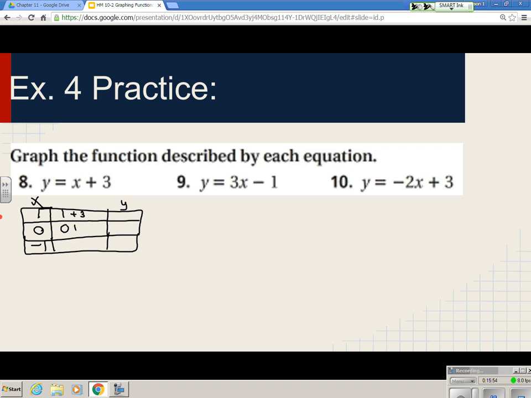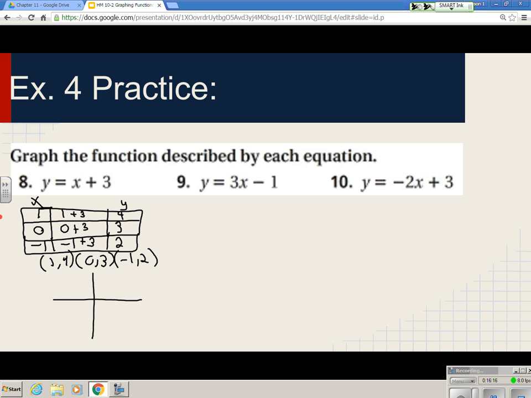We're going to replace x with 0, 0 plus 3. And we're going to replace x with negative 1, negative 1 plus 3. 1 plus 3 is 4, 0 plus 3 is 3, and negative 1 plus 3 is 2. So our ordered pairs are (1, 4), (0, 3), (-1, 2).